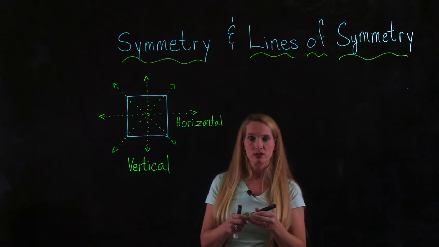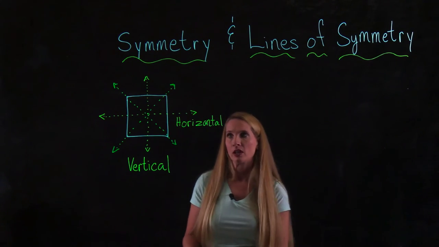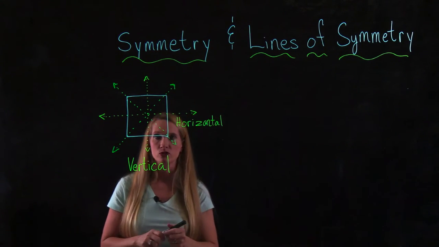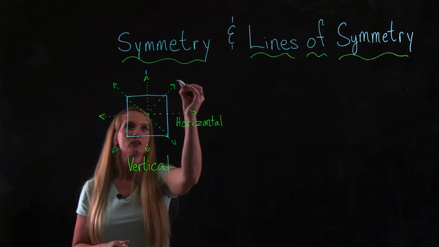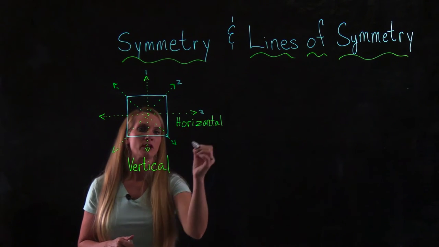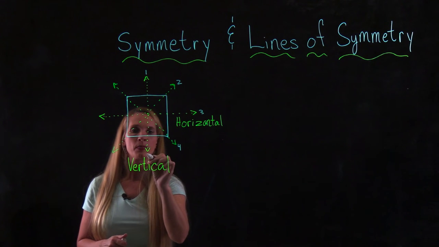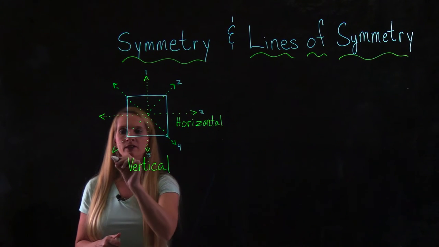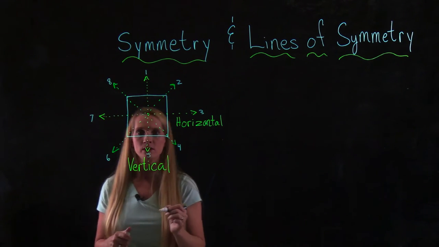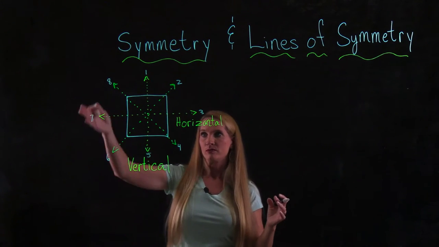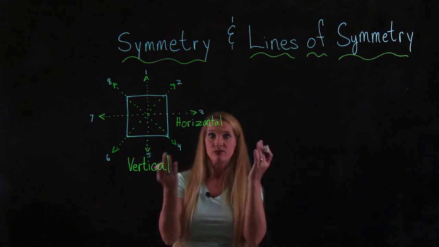So if I was to count the lines of symmetry for a square, I could start here and go 1, 2, 3, 4, 5, 6, 7, and 8. So I would have 8 ways that I could fold that.